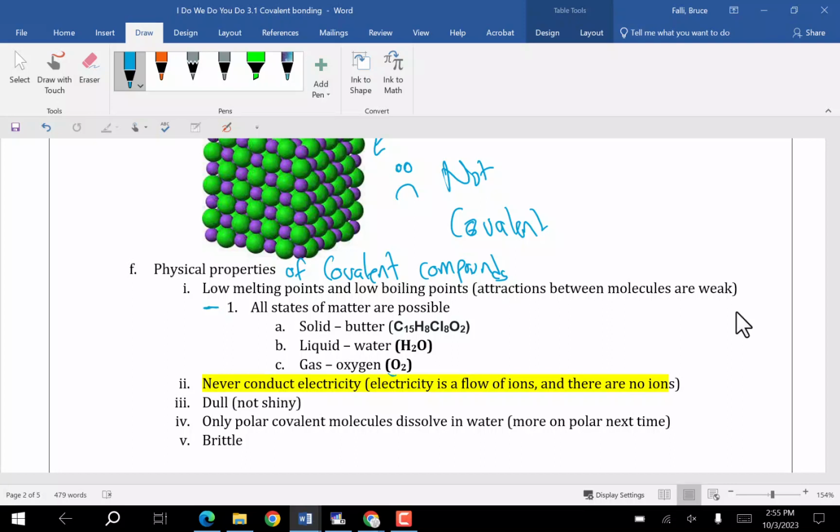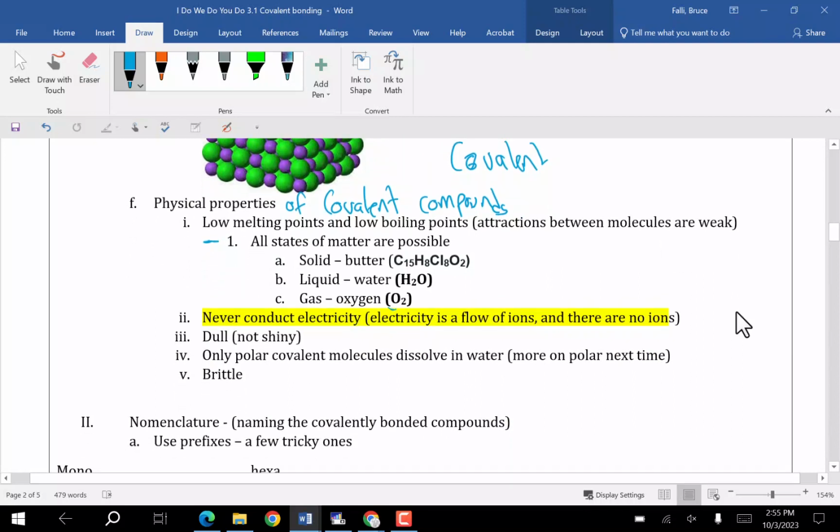When I say butter, you don't think it lasts forever and doesn't melt. Butter's pretty easy to melt, right? Some people melt butter just by shoving it under their armpit and waiting for it to melt. It's not my favorite way, but I've heard of it done. So butter is a solid, water is a liquid, and oxygen is an example of a gas.